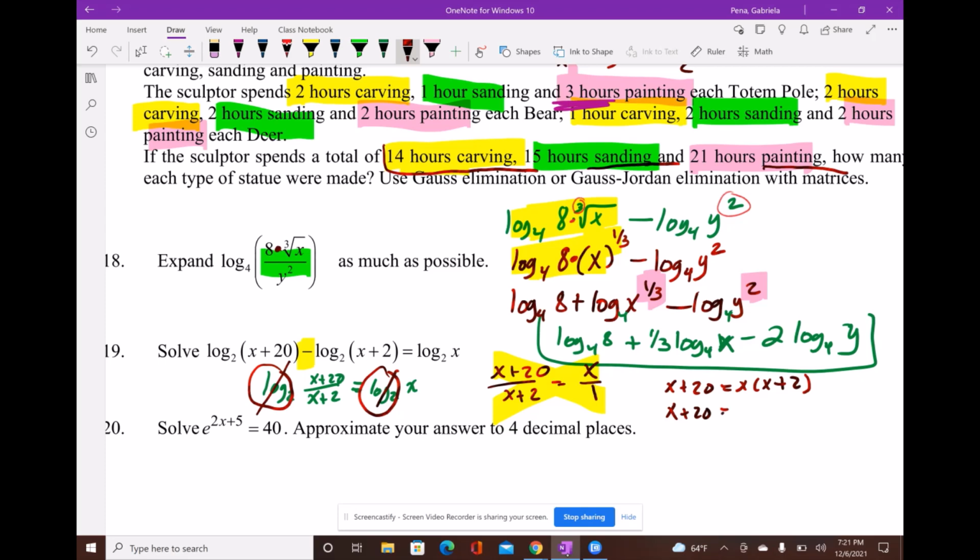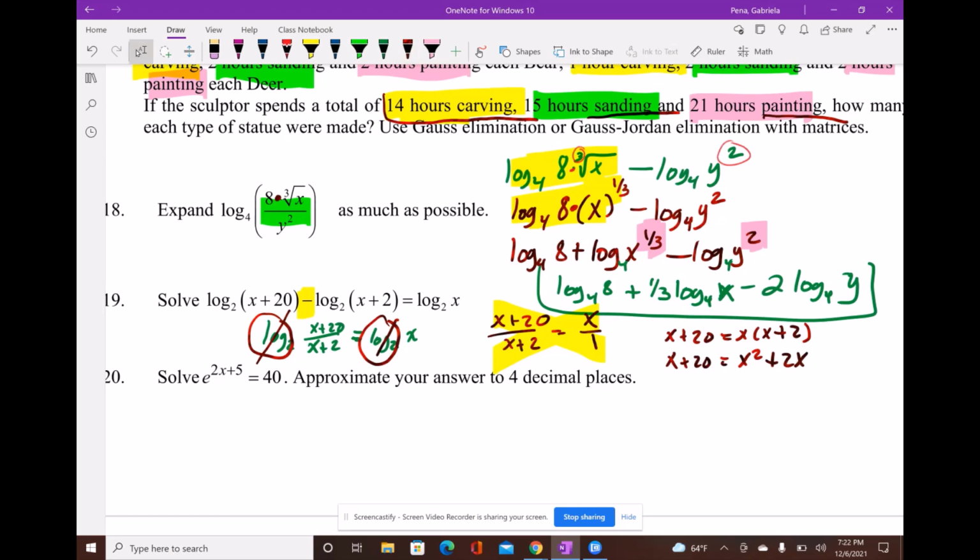X plus 20 equals x squared plus 2x. What should we do after we distribute the x? Everything should go where? To the right. We subtract x, we subtract 20, we subtract x, we subtract 20. X squared plus x minus 20 is equal to 0.